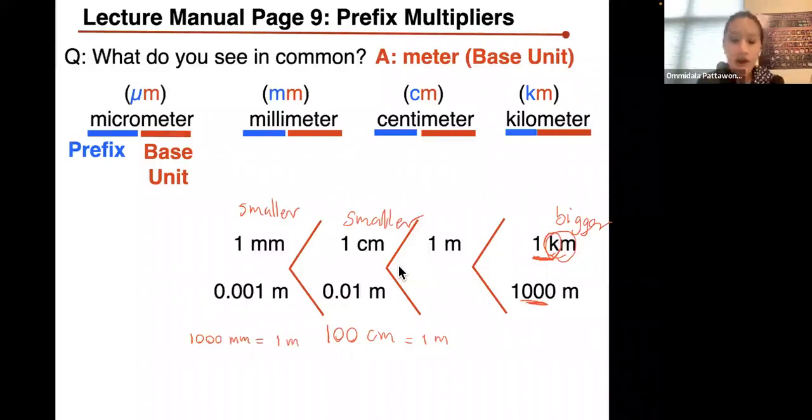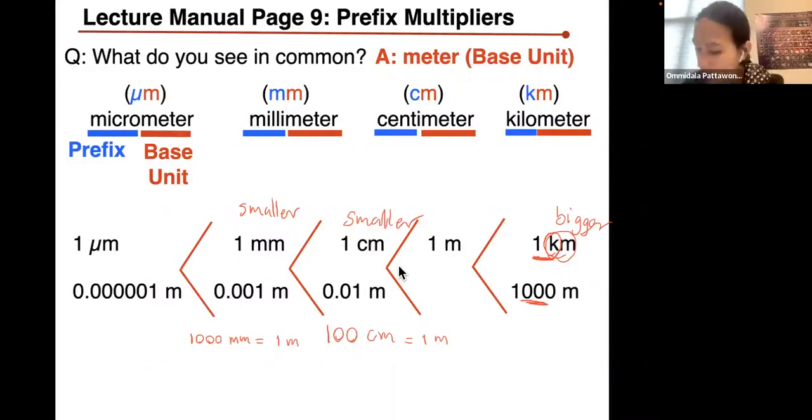And I can just keep going on, right? So for example, if I want to look at micrometer, it turns out that 1 micrometer is a millionth of a meter, right? Or you can say that you need a million micrometers to be equal to 1 meter. So it's a lot smaller.